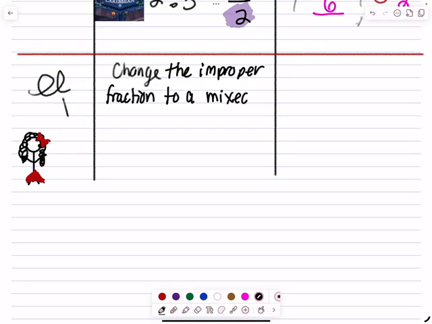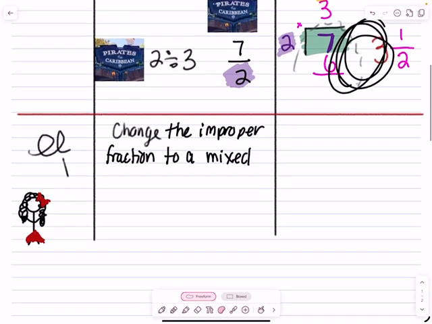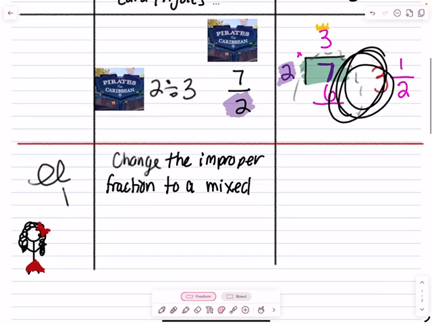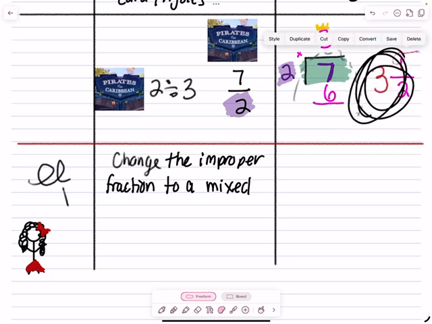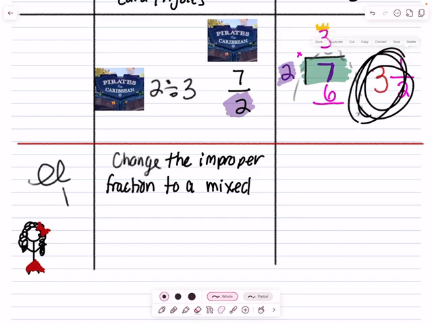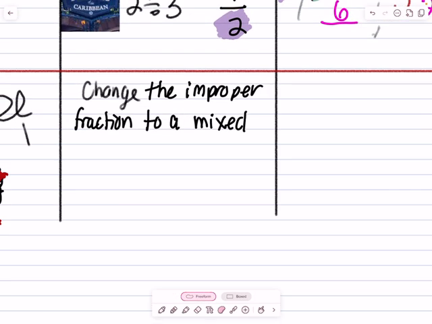You guys, mixed, like when you mix hot Cheetos with Tapatio or something. Mixed means a whole number and a fraction. They're mixed. It's whole and fraction, so they're mixed, okay? Just FYI. All right. So, change the improper fraction to a mixed fraction or mixed number.